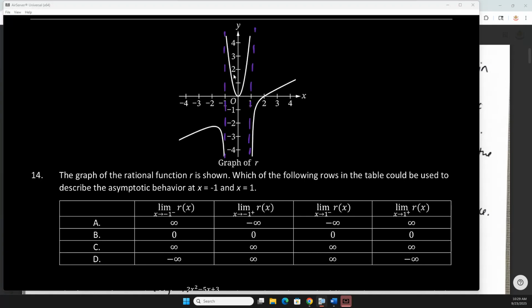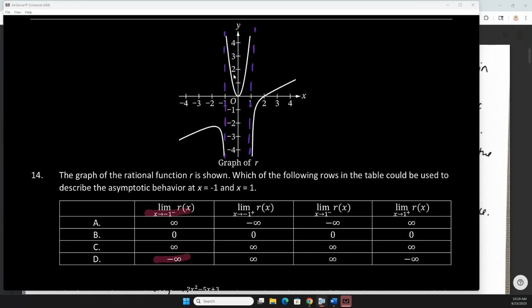So this first one is saying the limit as x approaches -1 from the left side. So all you have to do is look at your asymptote, look at the left side. On the left side of this asymptote, is it pointing down or up? Down. So we want negative infinity. So that is the only one that has that correct. So the answer should be D.